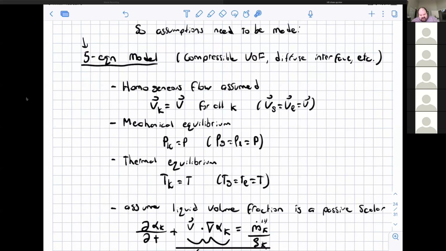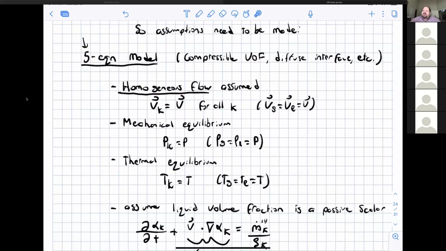So here we apply an assumption called homogeneous flow. What homogeneous flow means is that the velocity of all the phases is the same. So you could say that Vk is just equal to the velocity for all k. If you have a gas-liquid flow, they are equal to the same velocity.